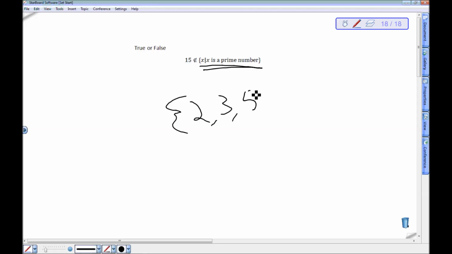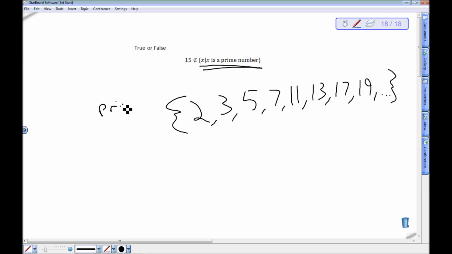So that's 2, 3, 5, 7, 11, 13, 17, 19, and that's probably not quite enough to put, but if I label it as prime numbers, it might help.